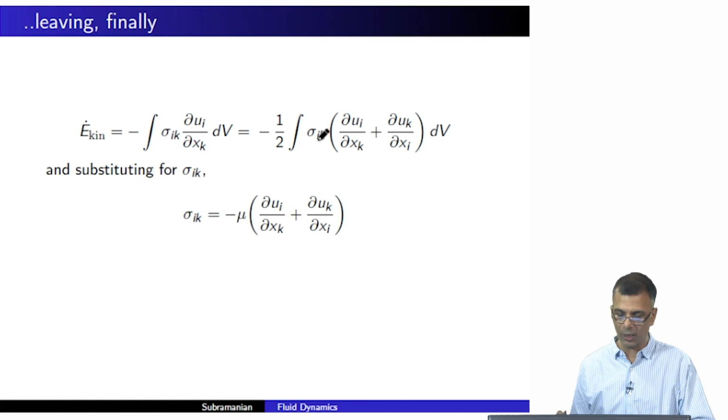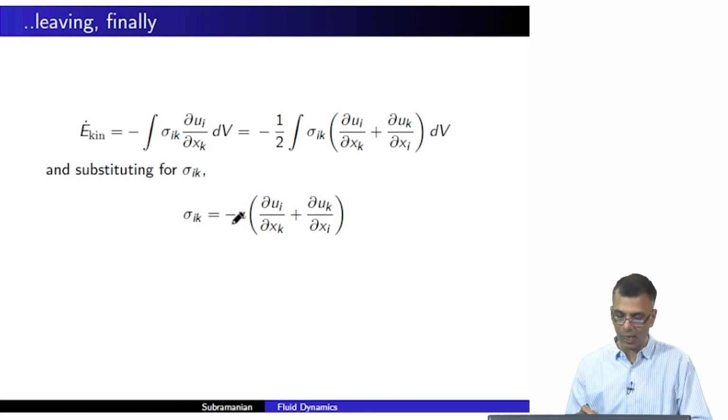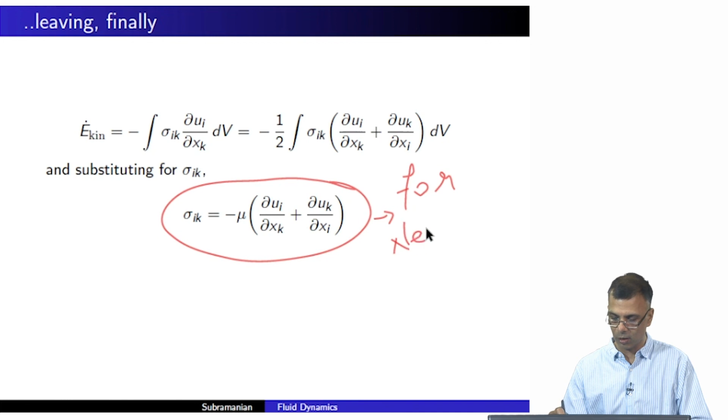Here I have not yet substituted for sigma ik; I'm simply writing it in the same spirit as we did earlier. Substituting for sigma ik, we know that this is the definition. In other words, this is only for Newtonian fluids, mind you. This is the definition, so to speak, of a Newtonian fluid.